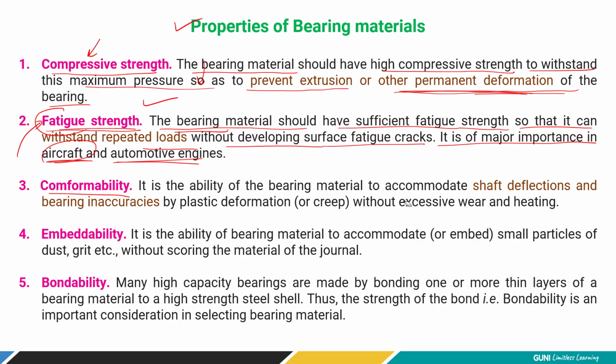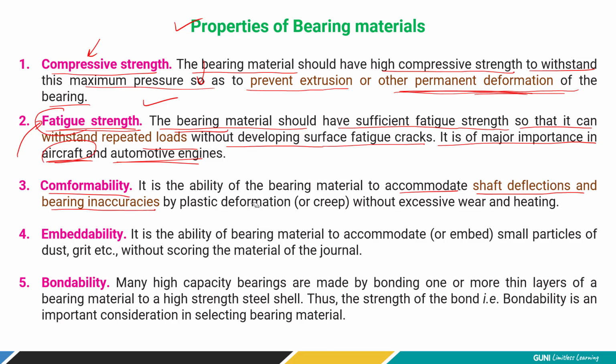Third is conformability. What is conformability? It is the ability of the bearing material to accommodate shaft deflection and bearing inaccuracy. Now see, this is very important. Many times, because of machining, there may be some variation in the dimension of the shaft, right? So the bearing, during rotation or operation, should be able to take these variations.